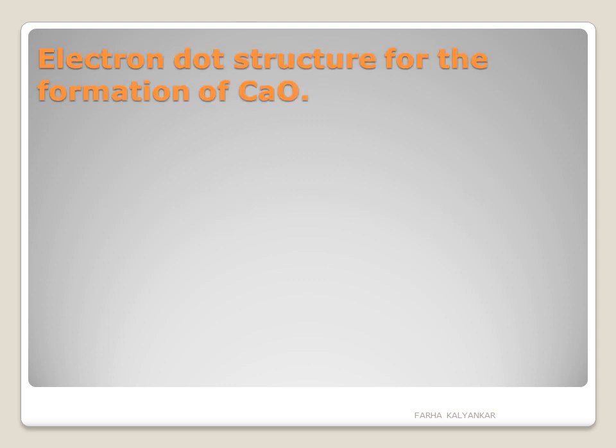Similarly, we can show the formation of calcium oxide with the help of electron dot structure. Calcium is having 2 valence electrons which are denoted as this. Now, in order to trace from where the electrons are coming, it is possible to represent electrons of different atoms of an element as X or as a 0.